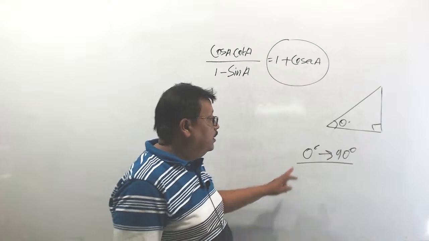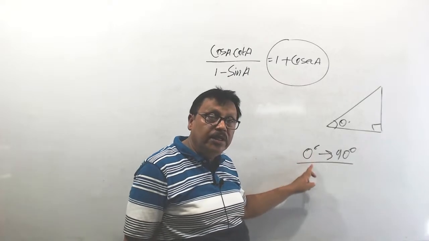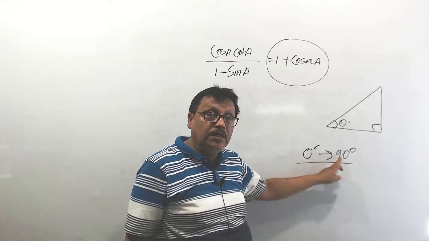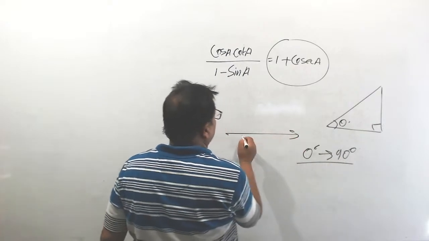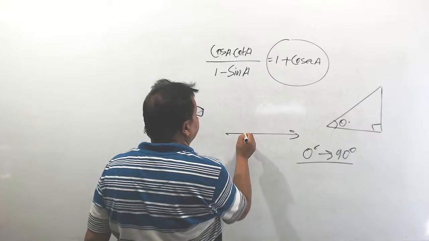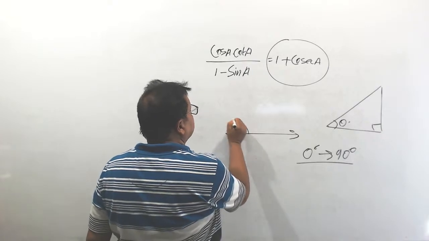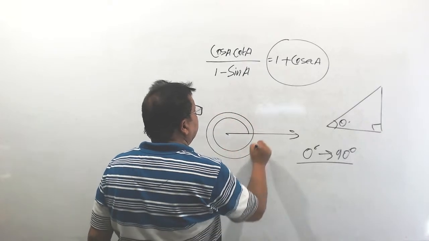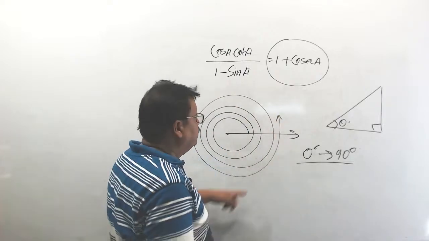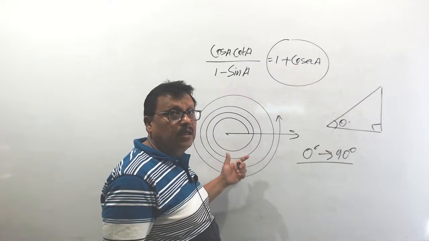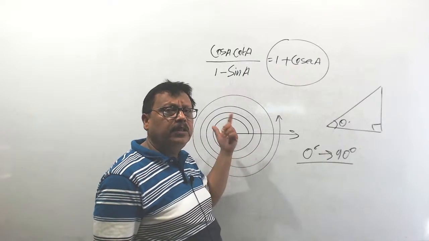But is the angle limited to in between only? No. Just a few minutes I am taking. If you move this way, continuously you can move. These are positive angles, 1000 crore degrees, whatever the angle.